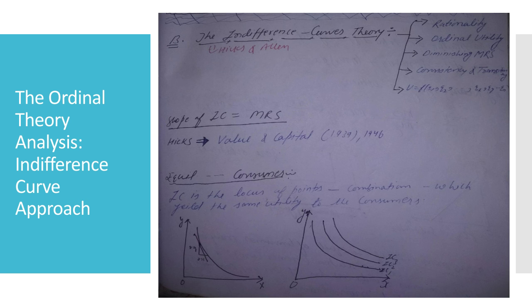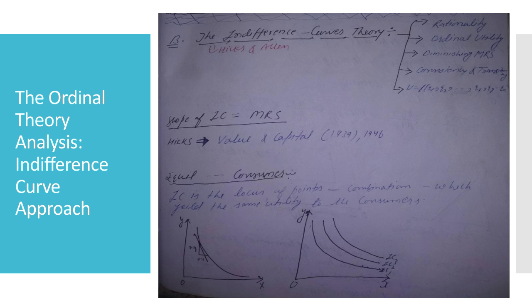Further, the equilibrium of consumers we may derive through the indifference curve. And as we know, the indifference curve is the locus of all the combinations which may give us the same level of satisfaction, and we may compute the slope of the indifference curve.